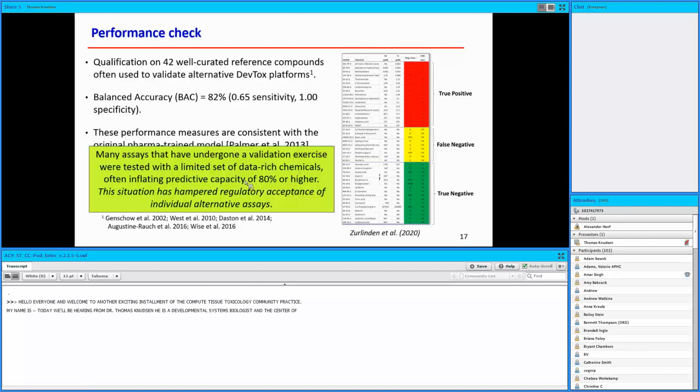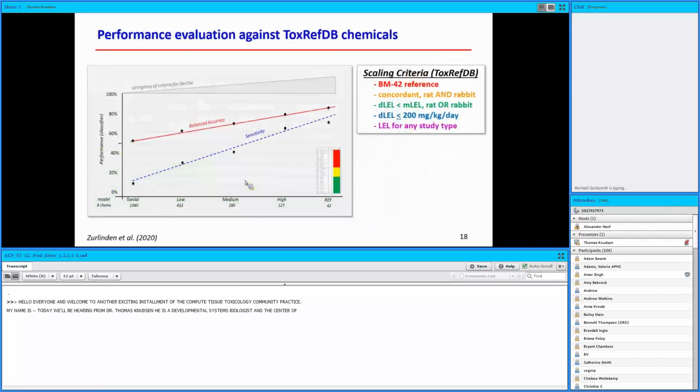And this situation overall in the field has hampered regulatory acceptance of individual alternative assays. So in this example, I talked about 42 well-curated reference compounds, but we have, of course, many more that we can correlate within our ToxCast ToxRef databases.